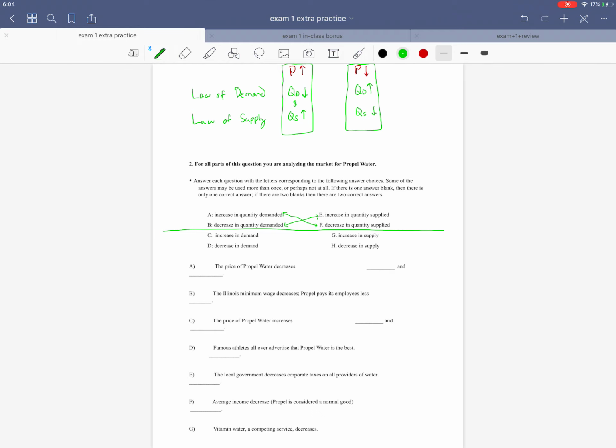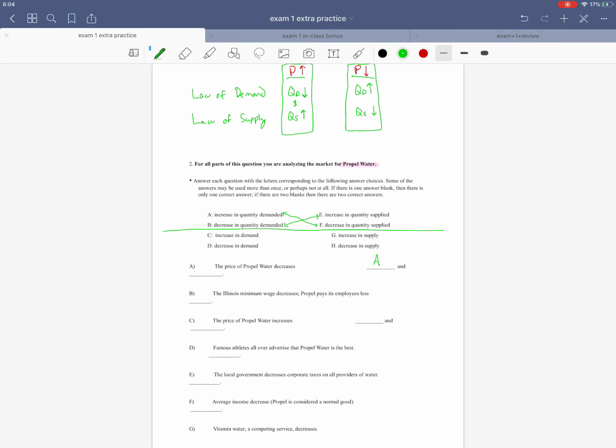So if we're in the market for Propel water here, the first thing that I would do if I had a table like this is look for the two scenarios where price is either going up or going down. So letter A here says the price of Propel water goes down or decreases. As price decreases, as we saw above, we know that quantity demanded is going to go up.